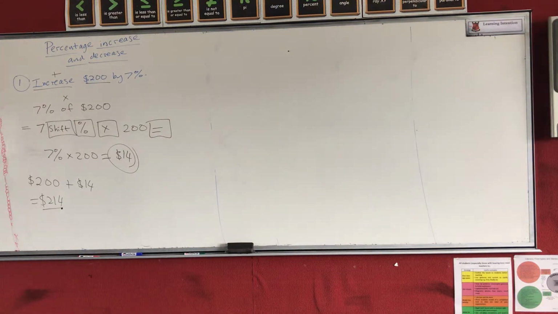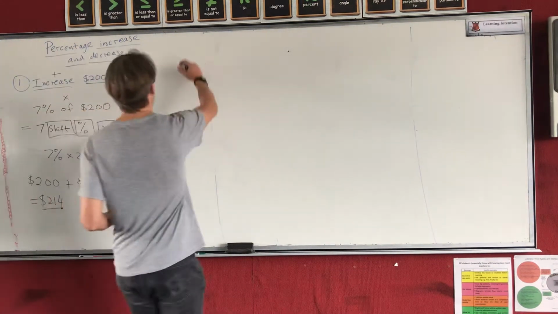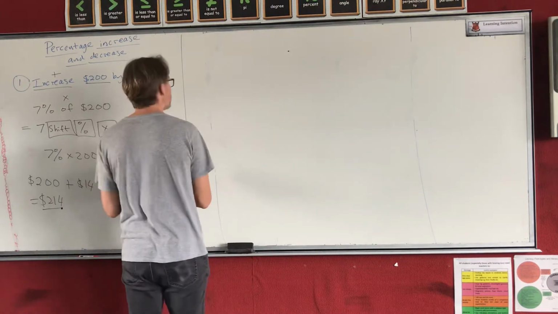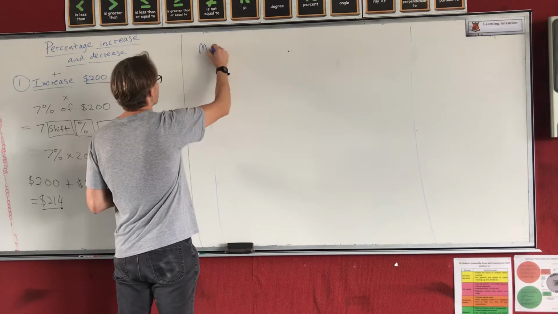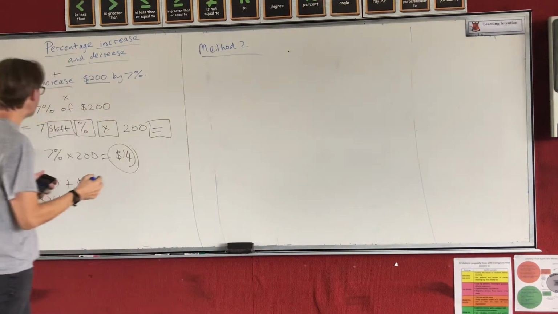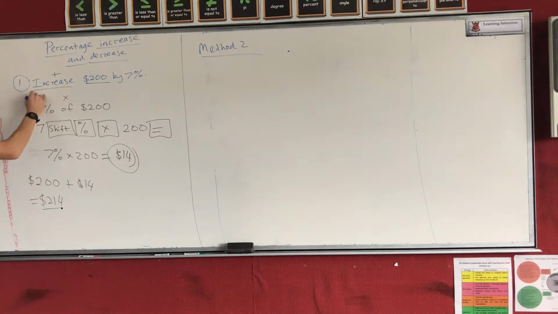Now, method 2 is a different method. In your working out, we should have put that the amount of the increase is $14.